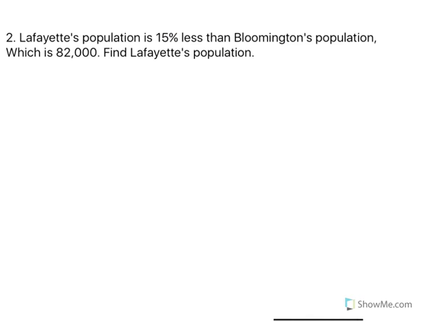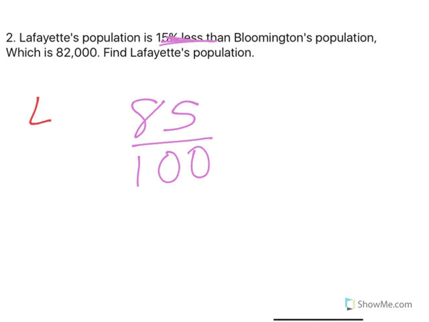All right, number 2, Lafayette's population is 15% less than Bloomington's, which is 82,000. Find Lafayette. Okay, 15% less. Well, if you take 100 and take 15 off of that, you get 85. So Lafayette is 15% less. This is Lafayette. This is Bloomington.